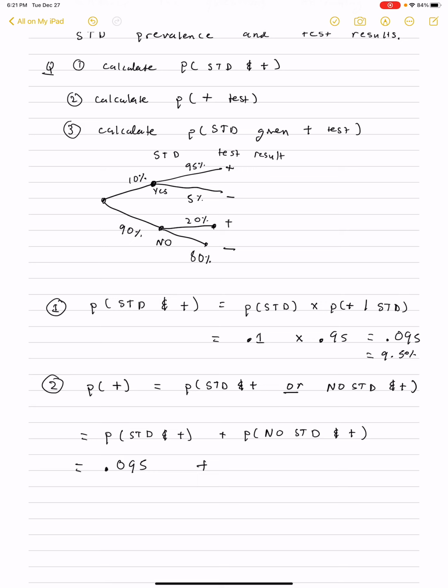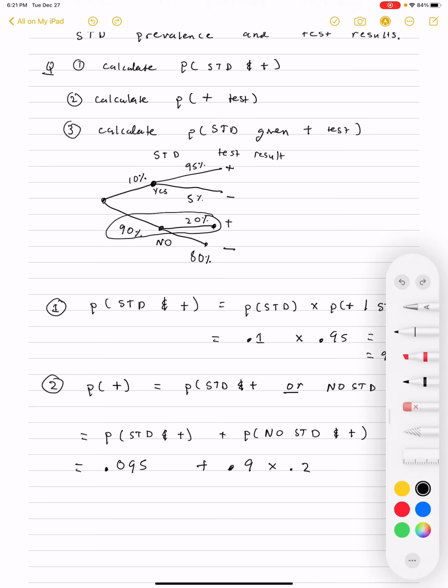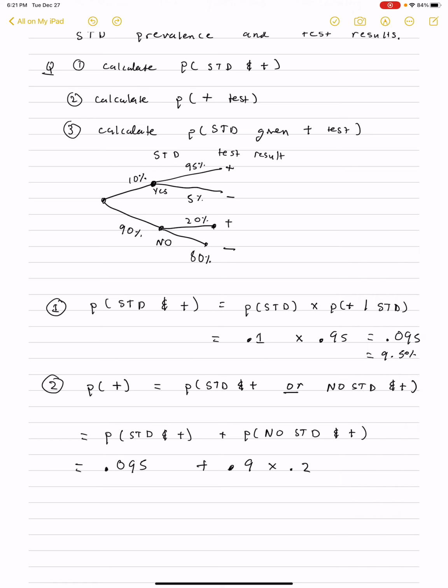It would be the probability of no STD times the probability of testing positive given no STD. And when you do that, that'll be 0.9 times 0.2. Okay, and you notice, hey, that's just multiplying along the path to get positive there. And similarly for STD and positive. Okay, so that's one shorthand. When you have a tree diagram, you have to make the diagram to get these probabilities.